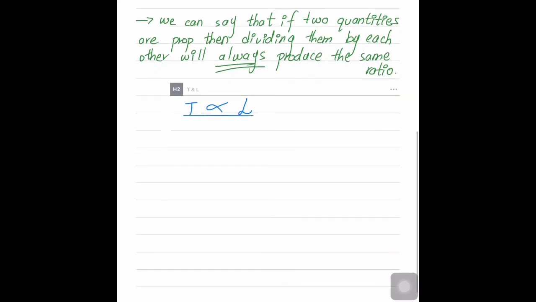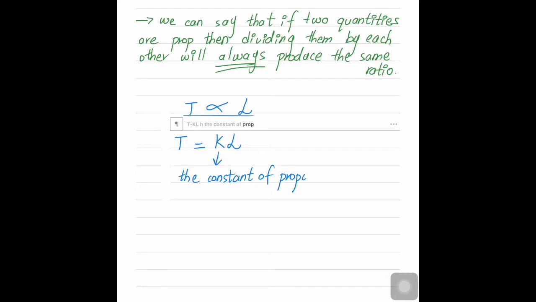Now there's another thing that comes into play. If we write T is equal to k times L, what is k here? k is called the constant of proportionality.